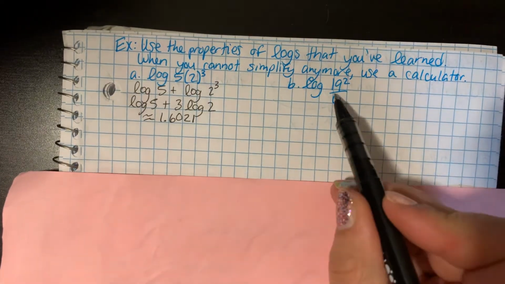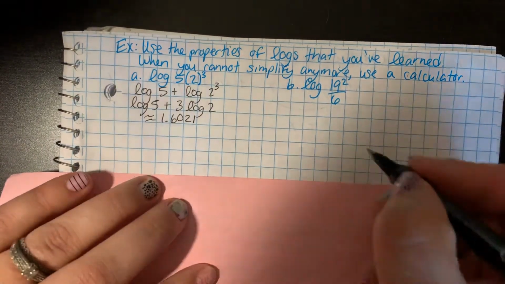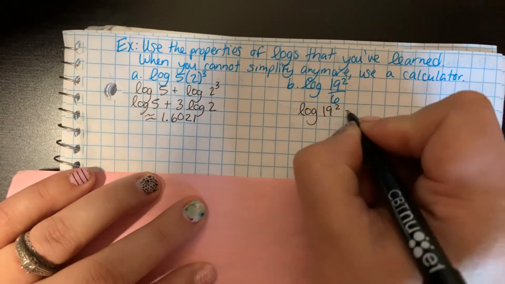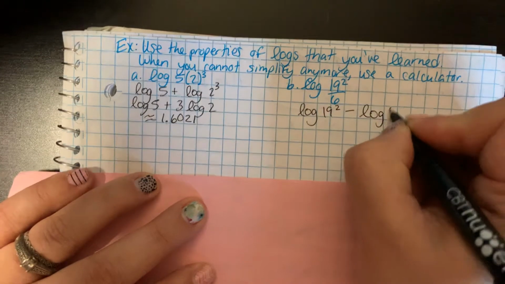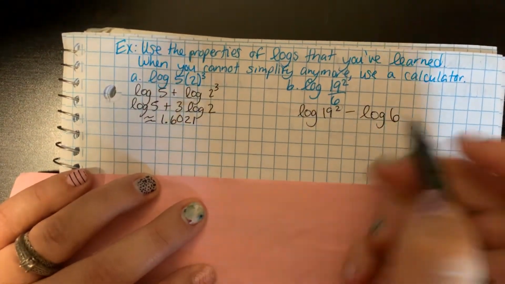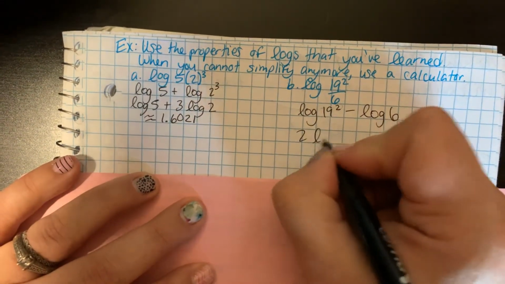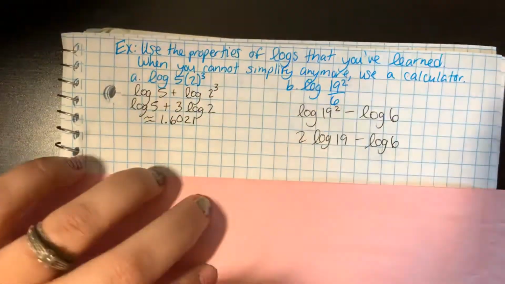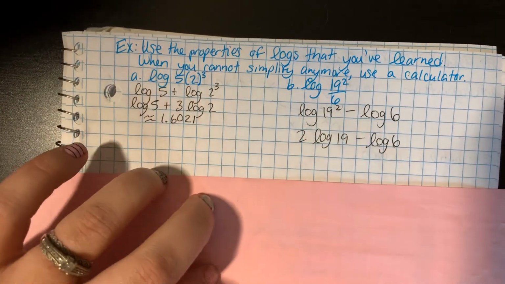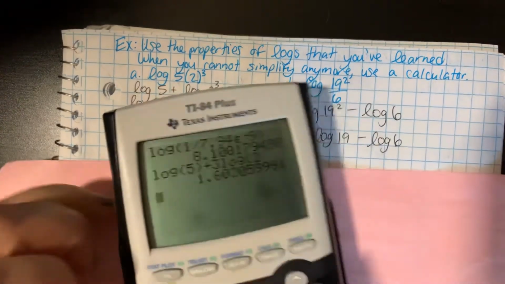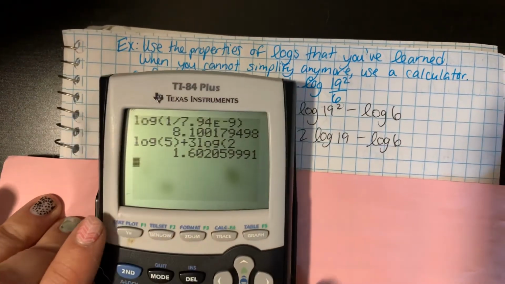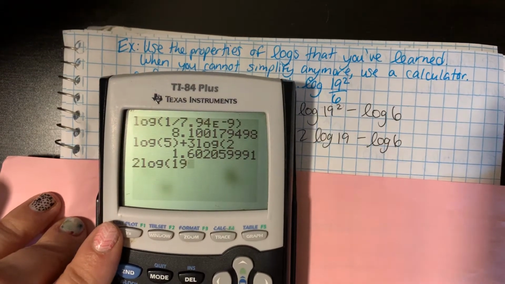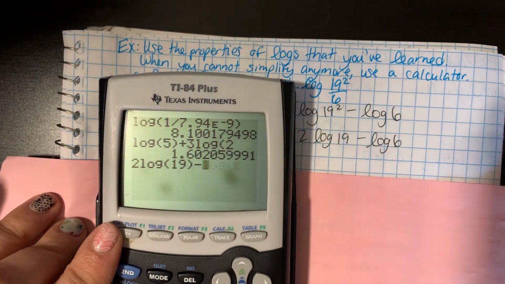Okay. All right, when we divide a logarithm, it's the same as subtracting them. Okay, and we can pull this out front. Okay, now we can throw this in our calculator. 2 log of 19 minus log of 6.